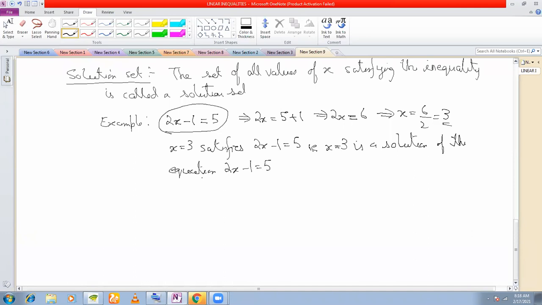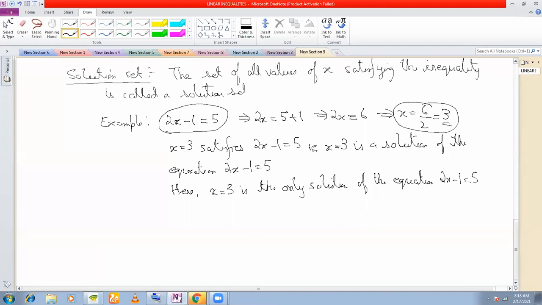But in case of an inequality, if you see here, we are getting x is equal to 3, we are getting only one solution of the equation. So here x is equal to 3 is the only solution of the equation 2x minus 1 is equal to 5.